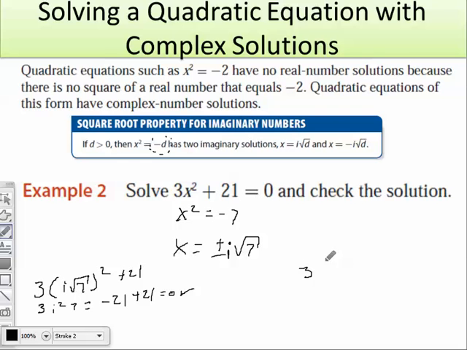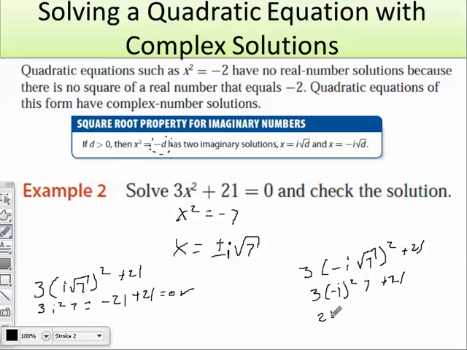So 3 times negative i square root of 7, squared. Well, that's going to be 3 times negative i squared times 7. Well, that's 21. Oops, plus 21. Forgetting to do that both times.